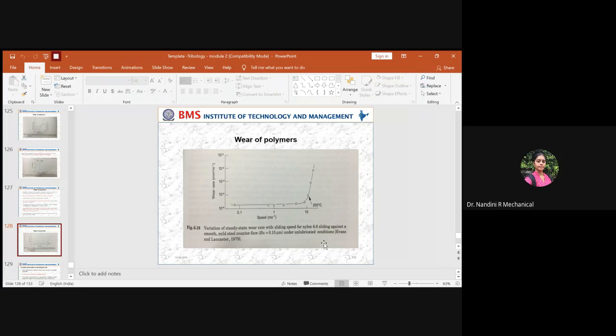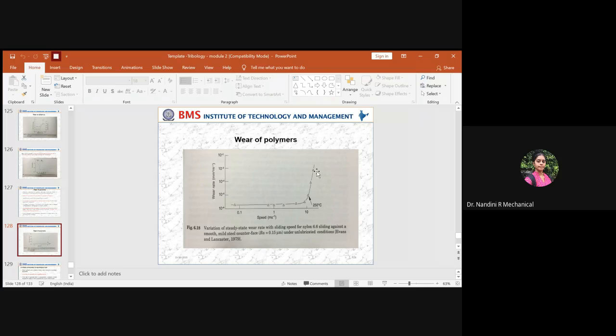So the two mechanical components slid against each other. Here you could observe that the wear rate was almost consistent until the sliding velocity reached 10 meters per second.